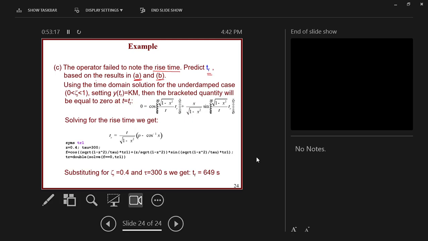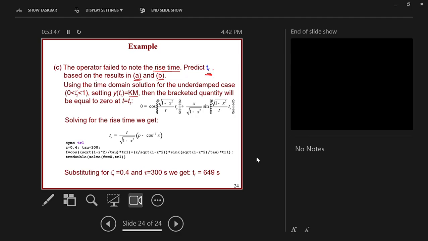So the question now is, if we know the transfer function of the process, can we find the rise time? The answer simply is yes, because if I solve the transfer function, which is an underdamped system, and set the y to Km and solve the equation, then the resulting time will be the rise time.